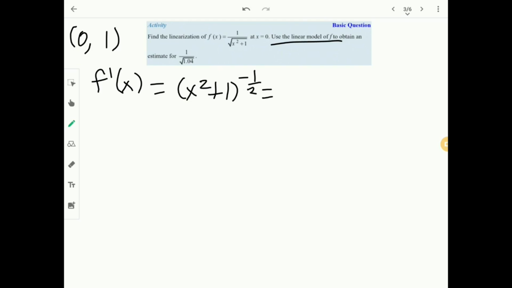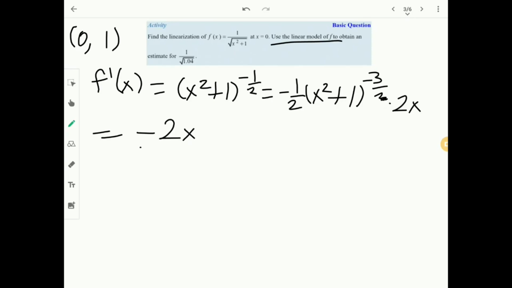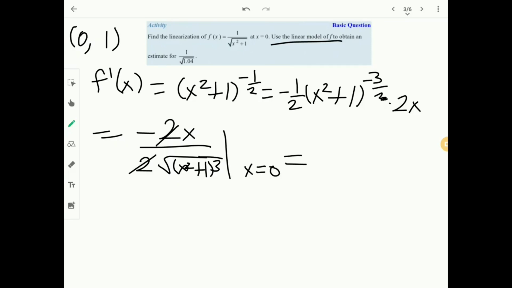Chain rule, it's minus half x squared plus 1 to the minus 3 over 2 times 2x. Well, this gives us minus 2x over 2 times x squared plus 1 cubed. Cancel, and this is our derivative at x equals 0. Now we can see this is 0, so our slope is 0.